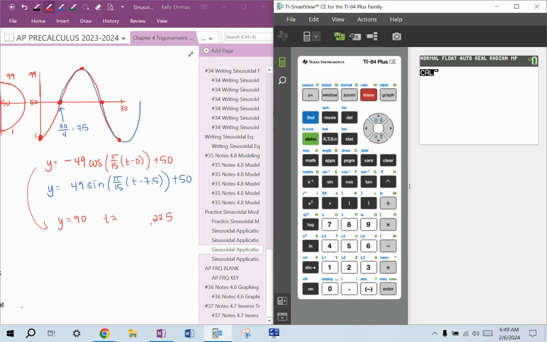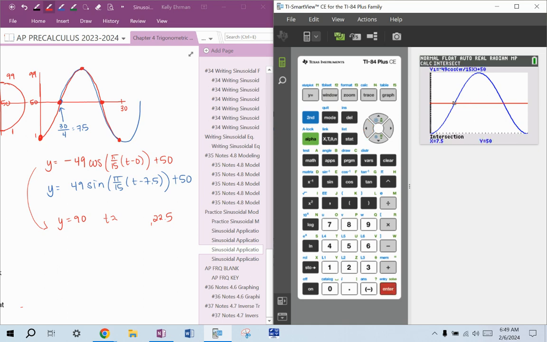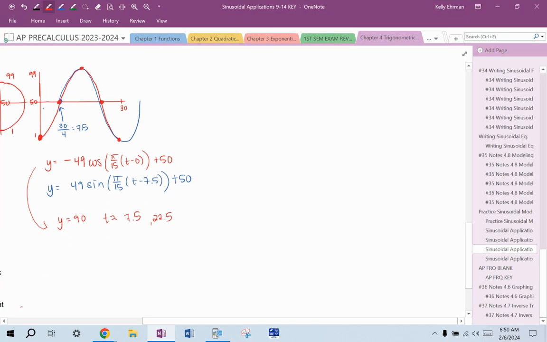And what's the other one? We could probably use symmetry, but I'm already this far in. Those points should be the same distance away from the center, or whatever.